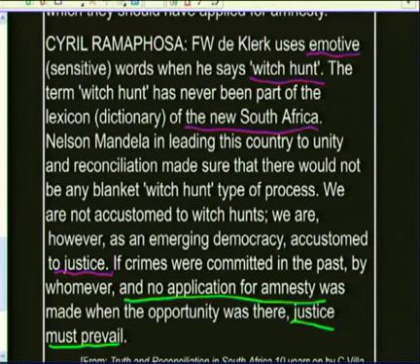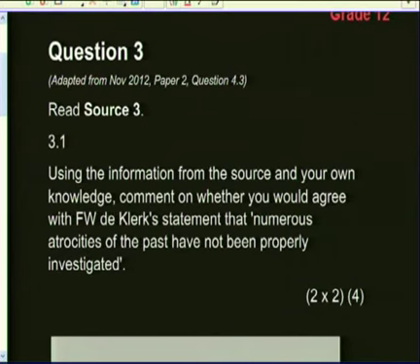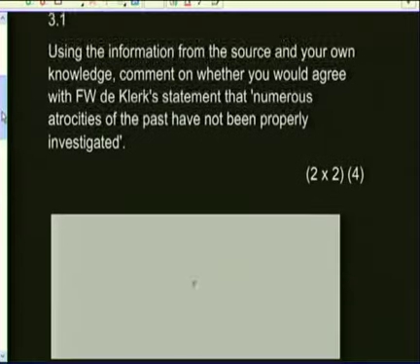Now let's look at the types of questions you're going to get. You've unpacked the source, you've found the differences, as we said before that they were bound to differ. Now let's look at the types of questions you can get from this type of source. Using the information from the source and your own knowledge, you need to comment on whether you would agree with F.W. de Klerk's statements that numerous atrocities of the past have not been properly investigated.